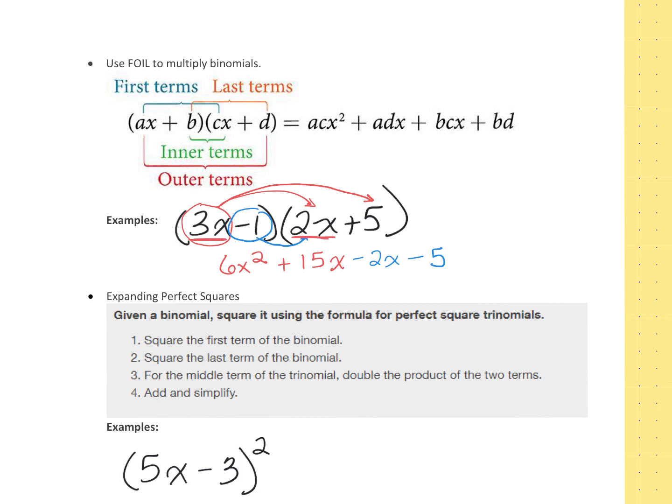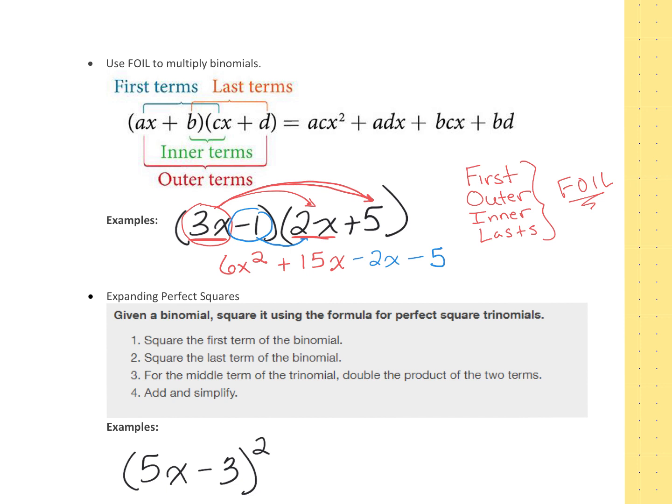So what I want to call your attention to is that what we really did is we multiplied the two first terms. Then we multiplied 3x times 5, which are the two outer terms. Then negative 1 times 2x was our inner terms. And then our lasts. So that's why we have this specific acronym FOIL when you have two binomials.